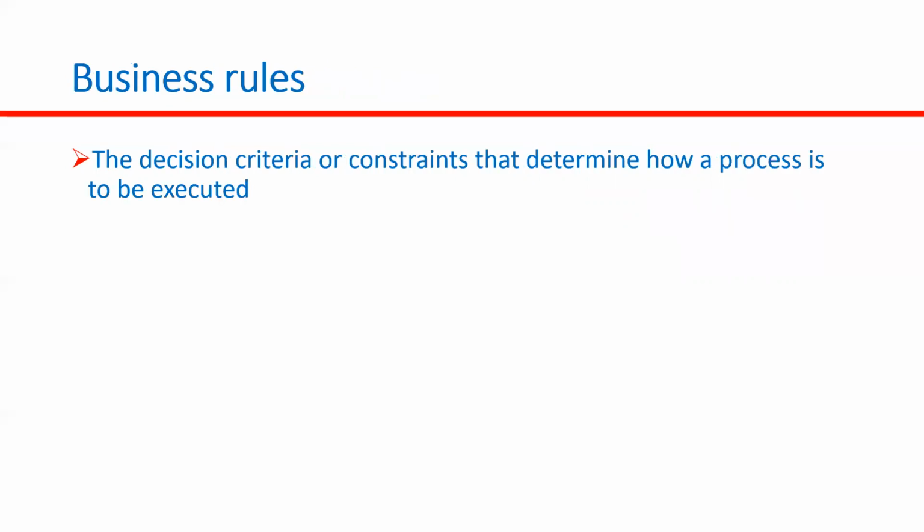And then business rules. Business rules are there in every business process, right? There may be a lot of conditions we need to check: if this condition is true, what to do, and if this condition is false, what to do. The best example is stock inventory, while maintaining stock in the manufacturing industry.